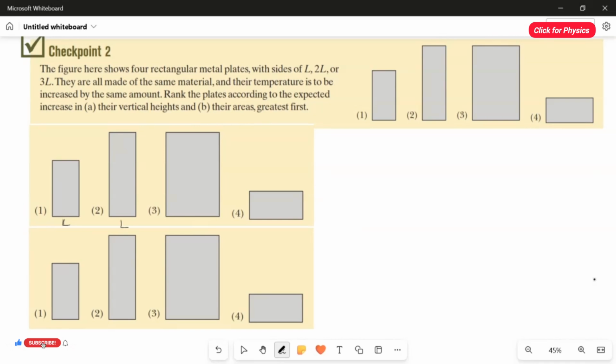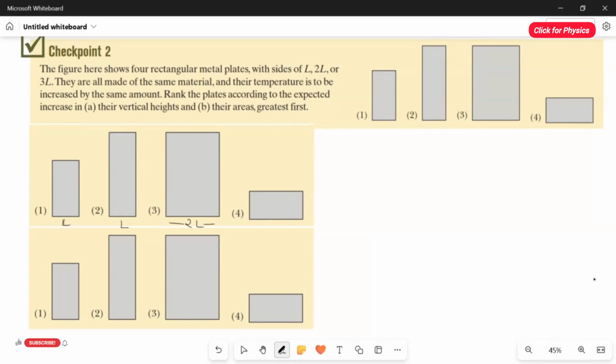So we can give the length for figures 1 and 2 as L. But when you see the third figure, its length is a little bit more, double that of 1 and 2. So this length looks like 2L.